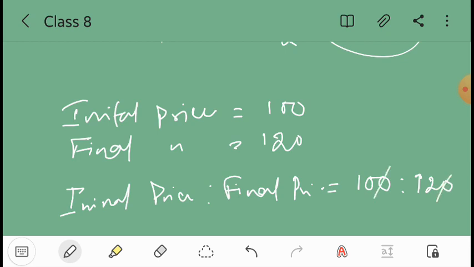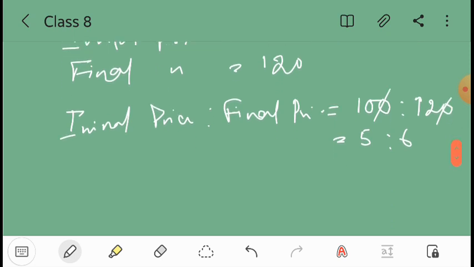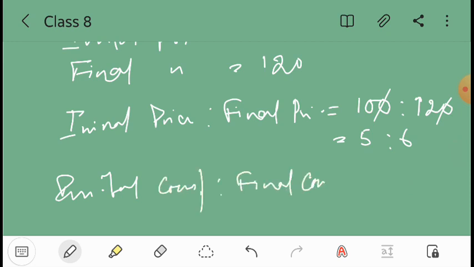We can cancel out, so the ratio will be 5 is to 6, right? So the initial consumption is to final consumption equals 6 is to 5, right? By the previous argument.